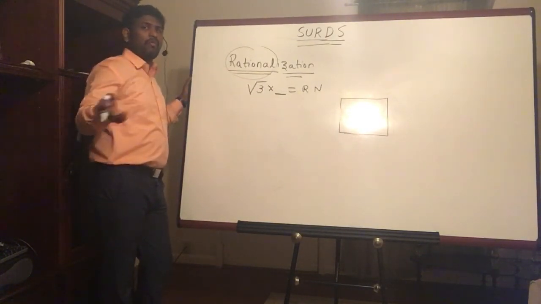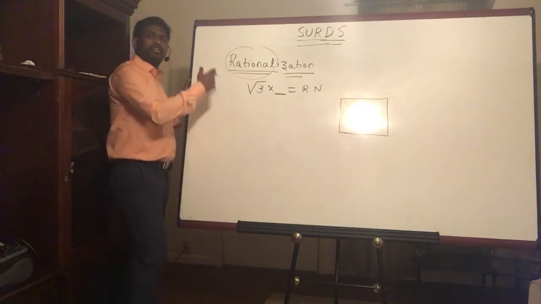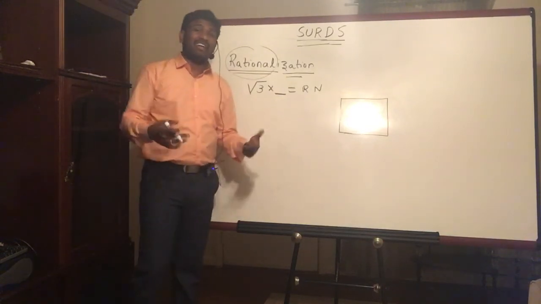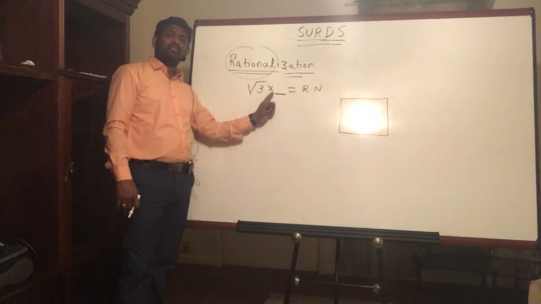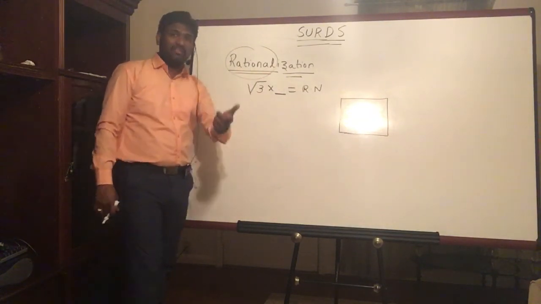We need to multiply with another irrational number so that we get a rational number. That process is nothing but called rationalization. The process of multiplying with an irrational number to get a rational number is nothing but called rationalization.